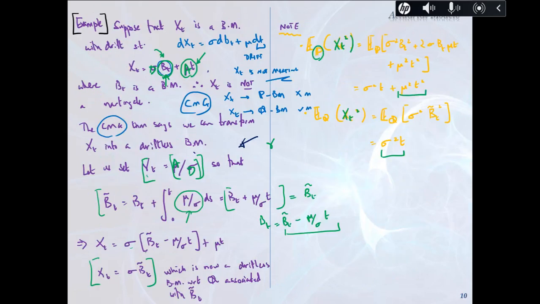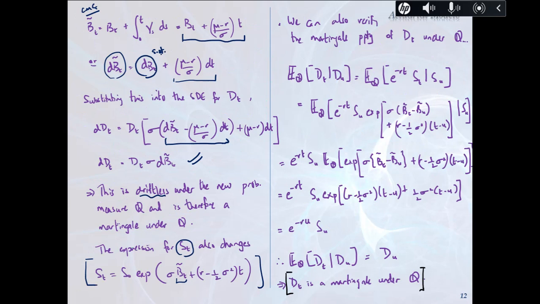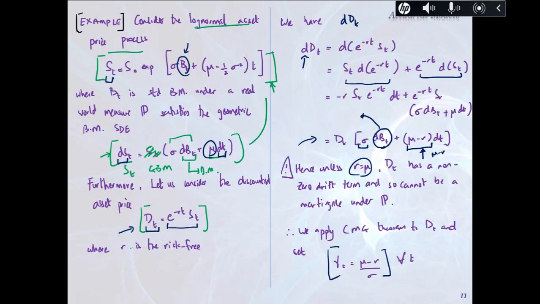So if you come back to S_t, you replace your B_t here by the expression of B_t. So B_t here will be B_t tilde minus (mu minus r) over sigma t. So you place this in this expression here in the exponent.